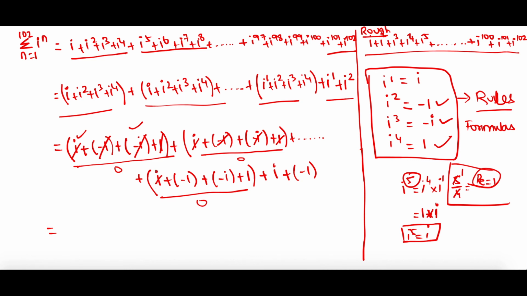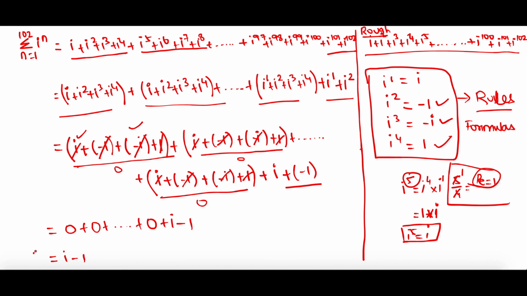So it is going to be 0 plus 0 plus and so on plus 0 plus i, and I'm going to write it as minus 1. So what is the end result? It is going to be i minus 1.